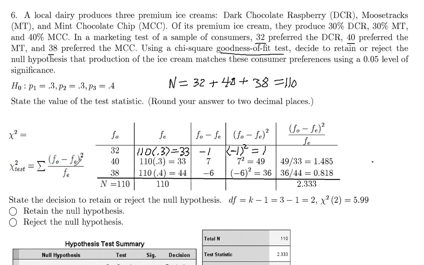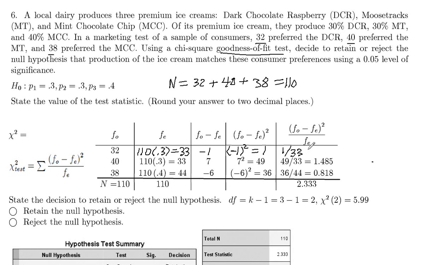And then, before we add everything up, we've got to divide those squares. So right now we've figured all of these numerators, and we divide all of them by the expected frequency. I want to take the top number right there and divide that by the expected frequency, which is 33.